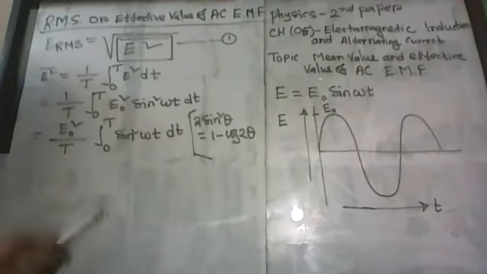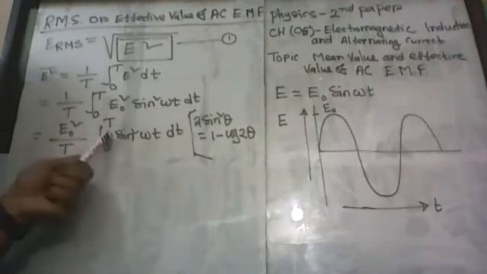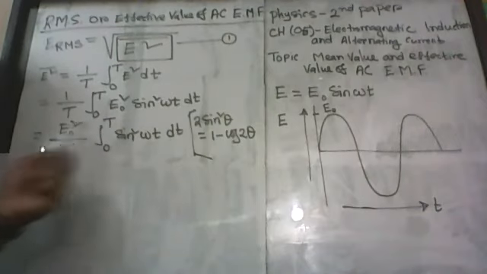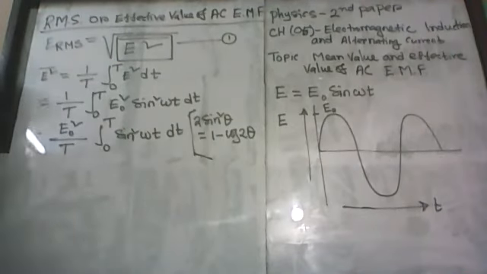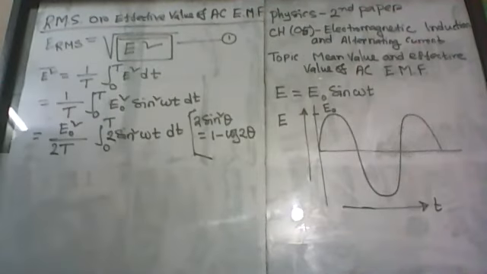I divide by 2 and multiply by 2, so this 2 and this 2 cancel out. What's the advantage of this step? My main advantage is that I convert this square function into a coefficient-based function, that is 1 minus cos 2 omega t, and we can easily handle this integration.